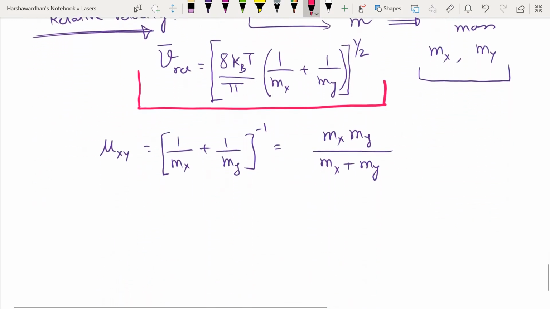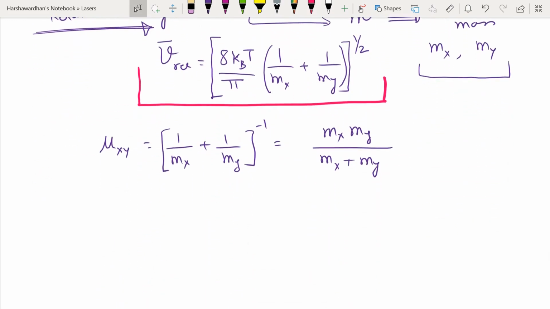And so now let us understand what the collisional cross section depends on. Imagine I have an atom which is stationary, and then it is bombarded with atoms which are coming at a certain rate towards it. Imagine that this is my target.